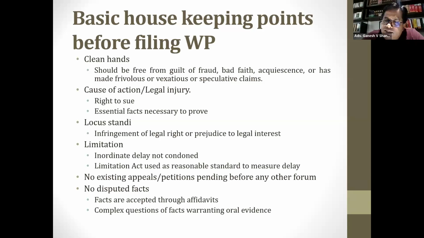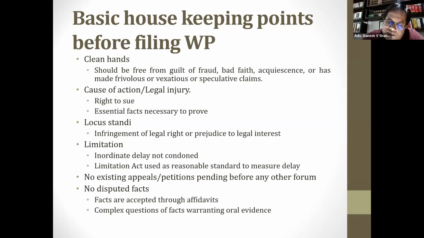No disputed facts. This is an important one. As I told you already, the High Court is not a fact-finding authority. It will only talk about the process followed in adjudication or issue of the SCN. It will not go back into the merits of the controversy, such as the tax amount or classification.